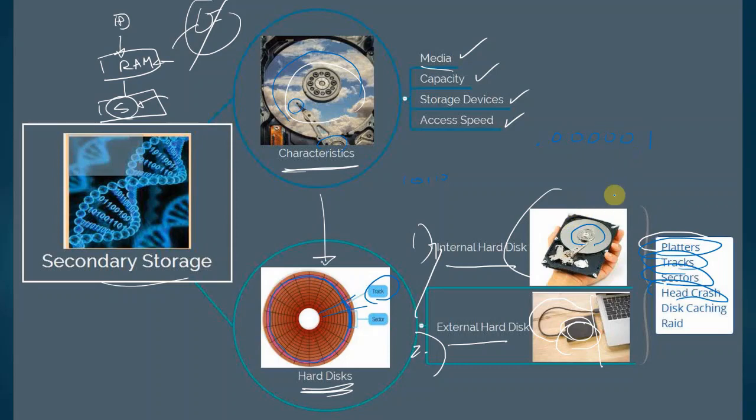Anything like a smoke particle or dust can actually get in between there, causing physical contact with the disk and thus creating what's known as a head crash. In other words, loss of data.